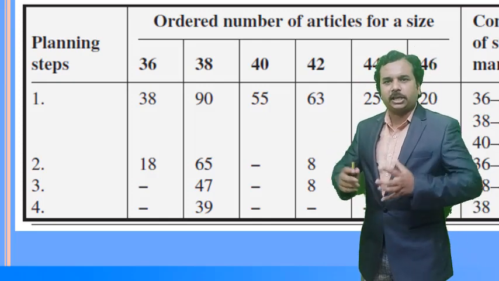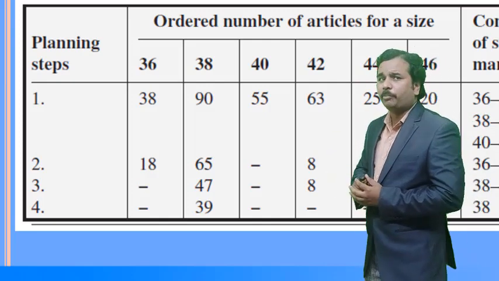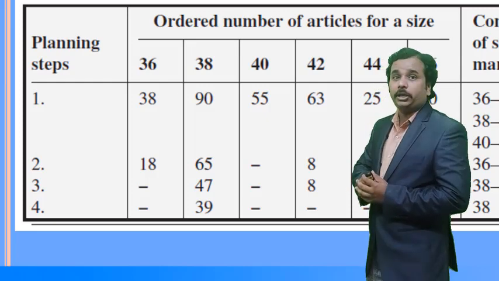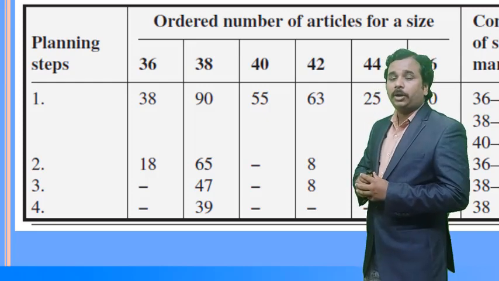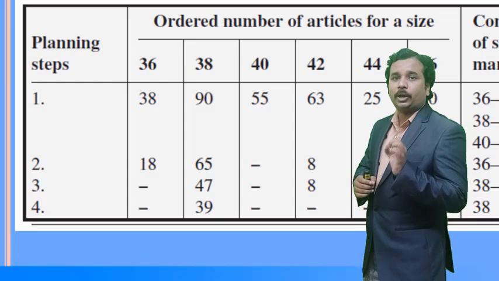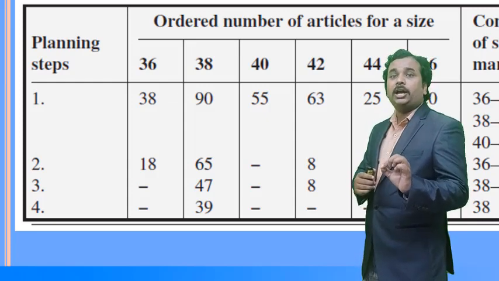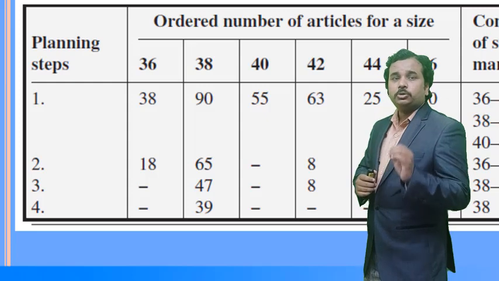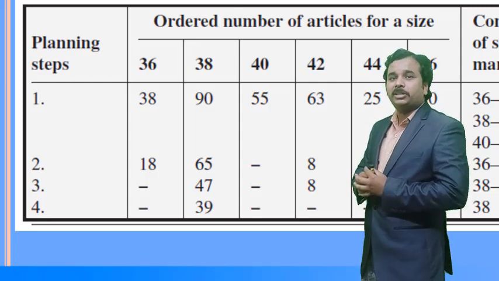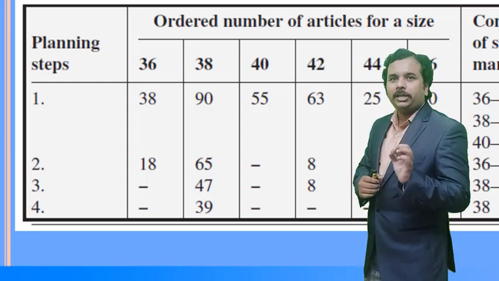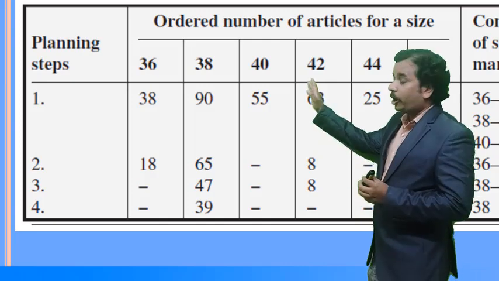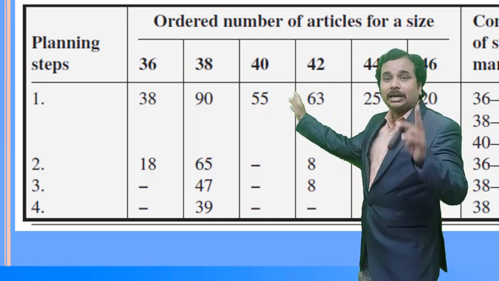There are six different sizes, and number 1 is the ordered quantity, nothing but the number of garments that should be made for a particular size. For the 36 size, how many garments are required? 38 garments are required as per the ordered quantity given by the customer.